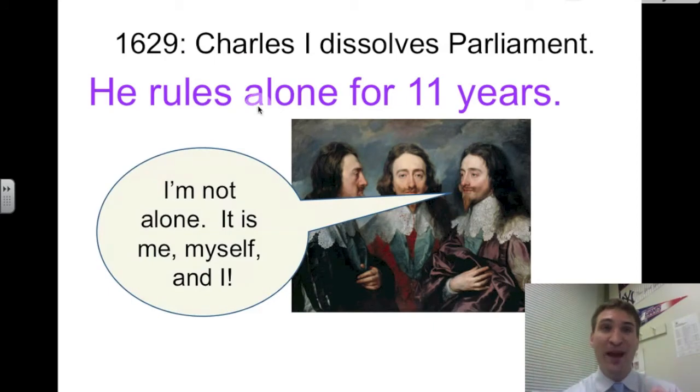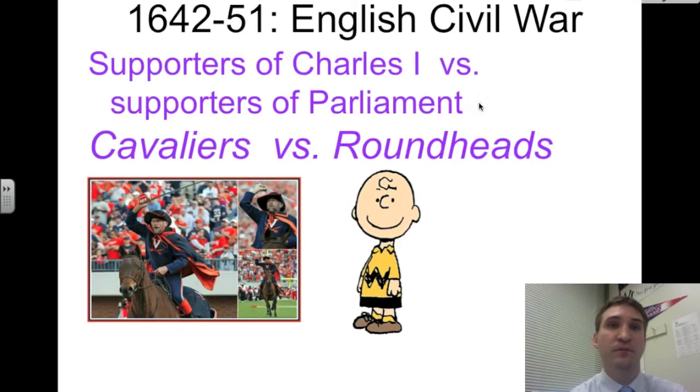And stepping back, in 1629, Charles I dissolves Parliament and rules like an absolute monarch in England for 11 years. This leads to the English Civil War. From 1642 to 1651, there is a war between the supporters of Charles I, who are called the Cavaliers, much like Virginia and UVA.